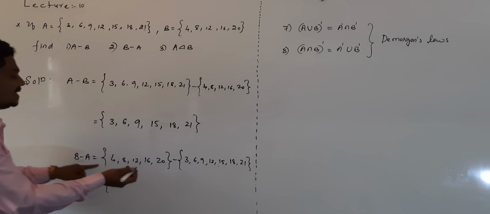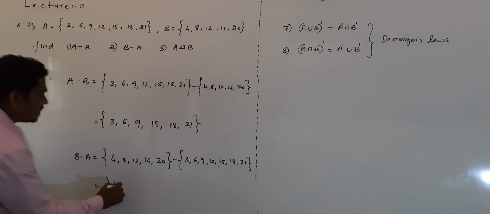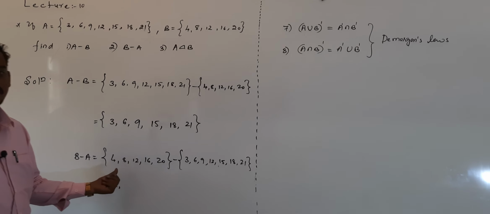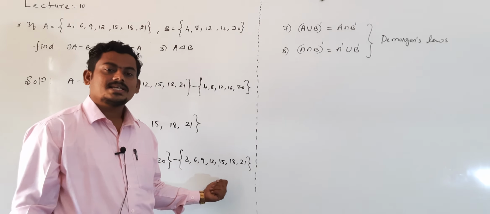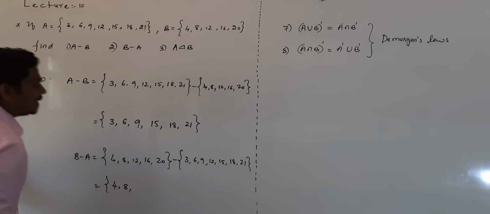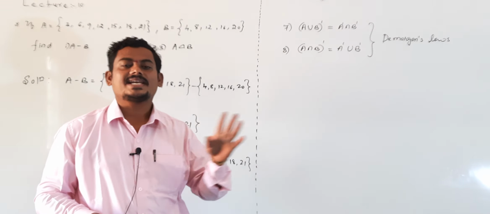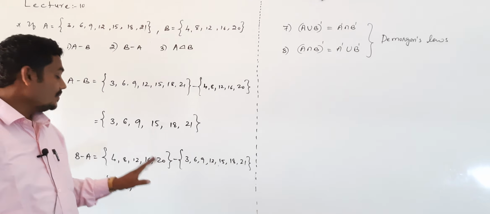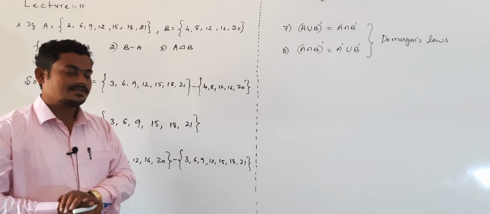4 is not in set A, so I will write 4. After that, can we write 8? Yes, because 8 is not in set A. Then can we write 12? No, because it is in both sets. Writing all those elements in the first set but not in the second set is nothing but their difference.